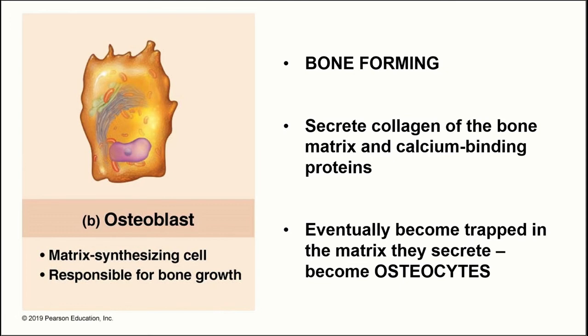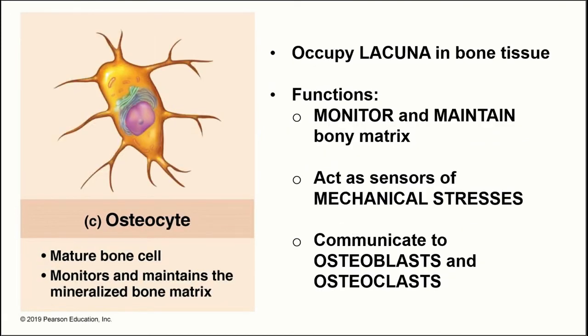So eventually these osteoblasts laying down these protein fibers and calcium binding proteins will become surrounded and trapped in the matrix that they secrete. And when that happens, the osteoblasts will differentiate or change again into a cell type called the osteocyte. Now, osteocytes are mature bone cells that occupy the lacuna that we see in the bone tissue.